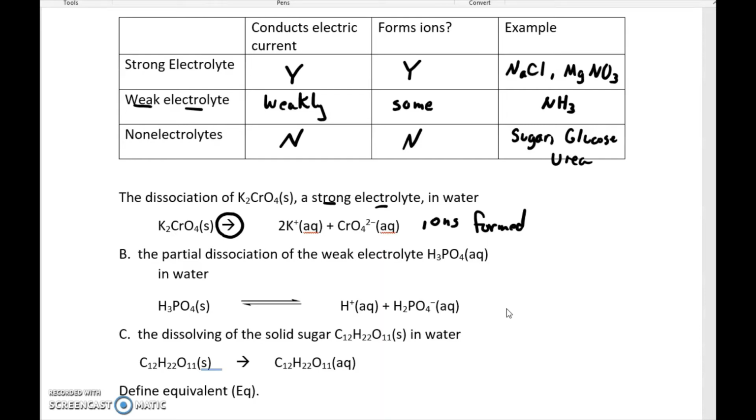Here we have a weak electrolyte. When we have a weak electrolyte, we draw two arrows. That shows that the reaction is reversible. And in dissolving solid sugar in water, we show one arrow going in the forward direction, but we indicate that it's aqueous.